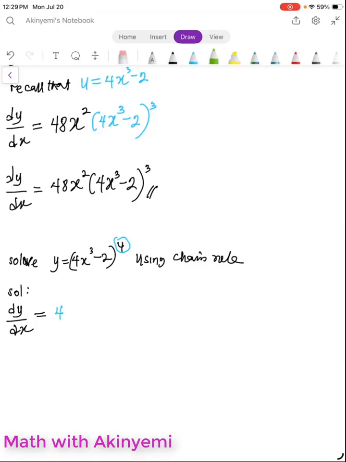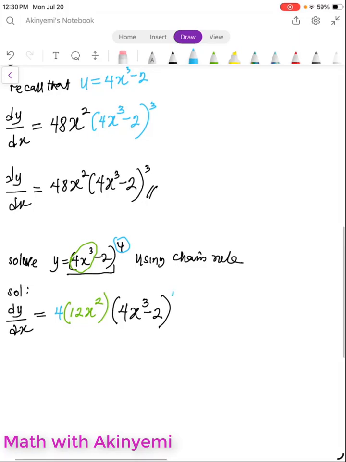Then we differentiate the function that has x in the bracket, which is going to give us 12x squared. Then we bring the original expression, 4x raised to power 3 minus 2, and then we reduce the power 4 by 1.